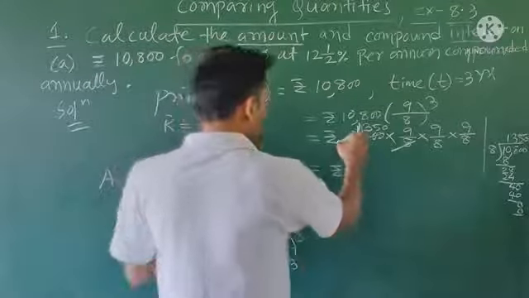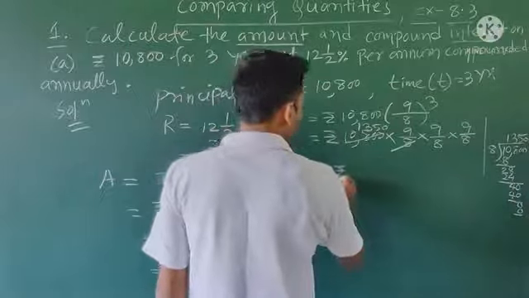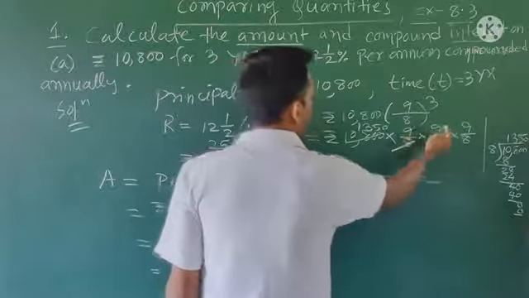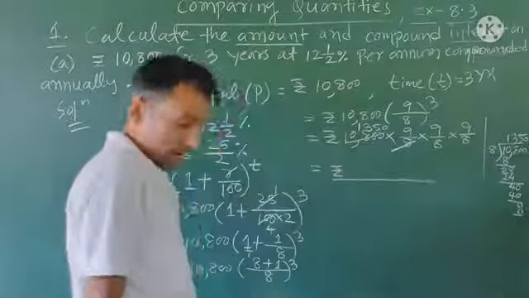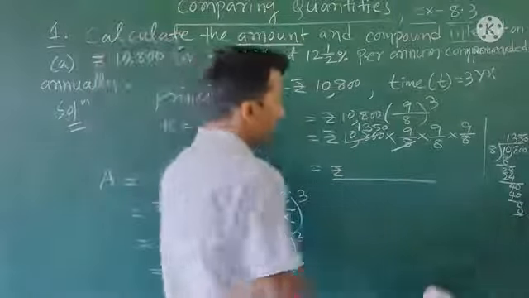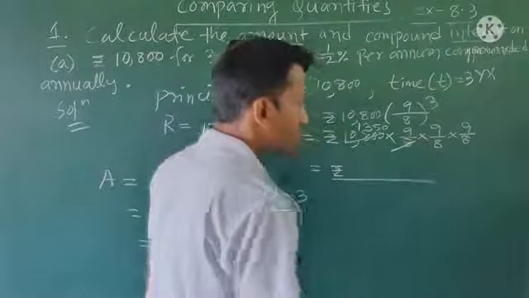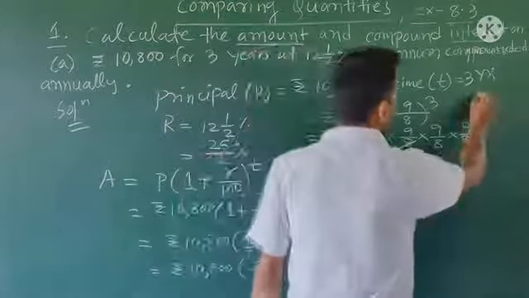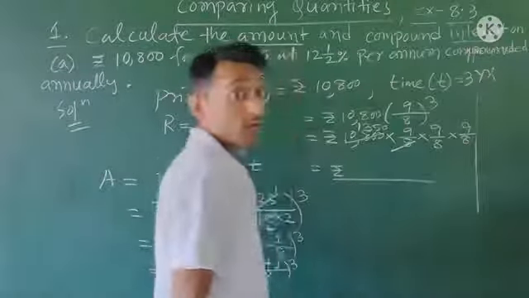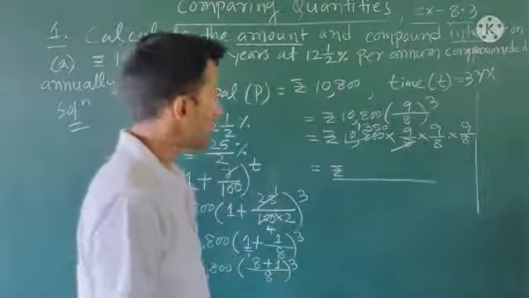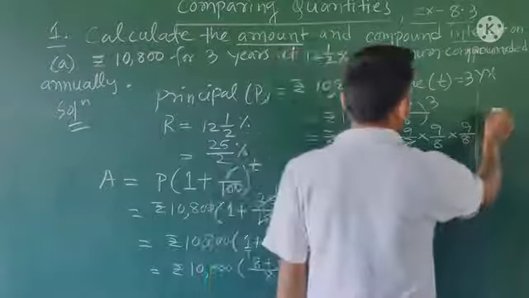Now 1350 into 9 into 9 into 9, you find the product. You have to know how to multiply. In this chapter you will get so many multiplications.